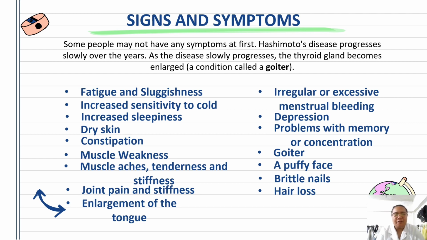First, we have fatigue and sluggishness, increased sensitivity to cold, increased sleepiness, dry skin, constipation, muscle weakness, muscle aches, tenderness and stiffness, joint pain and stiffness, enlargement of the tongue, irregular or excessive menstrual bleeding, depression, problems with memory or concentration, goiter, puffy face, brittle nails, and hair loss.